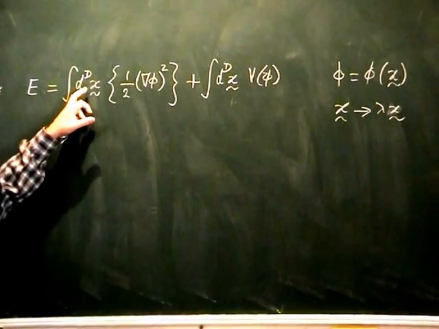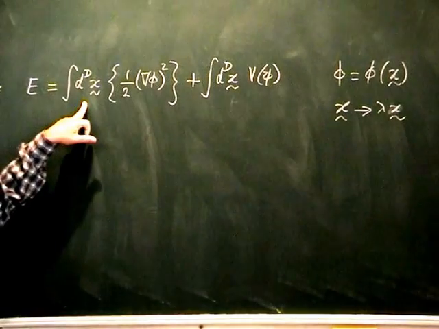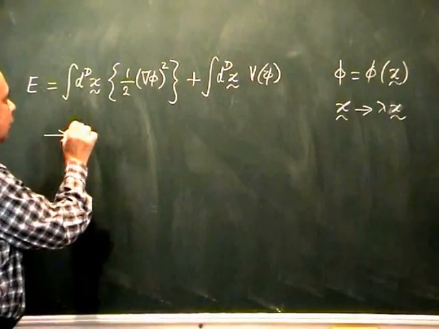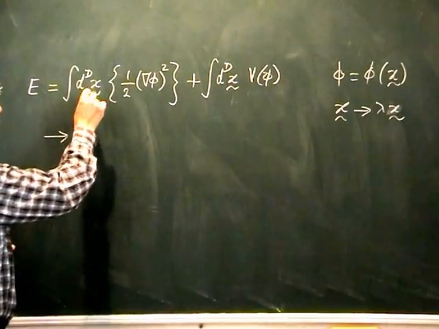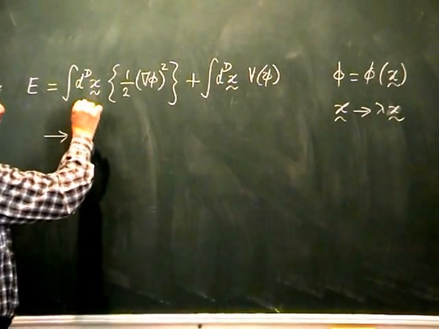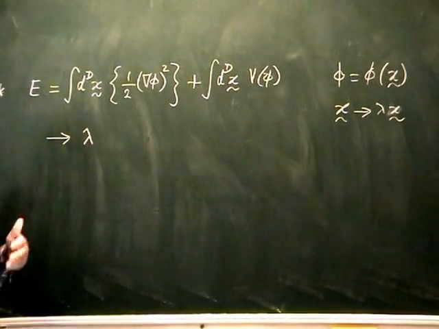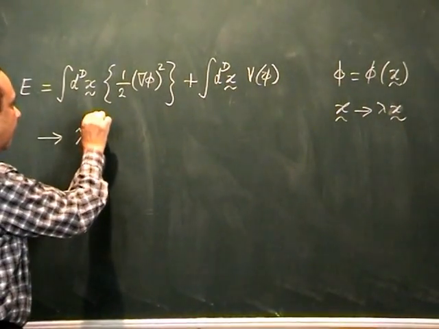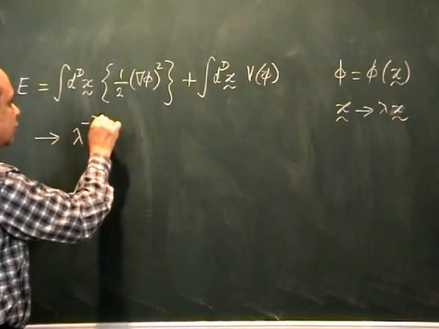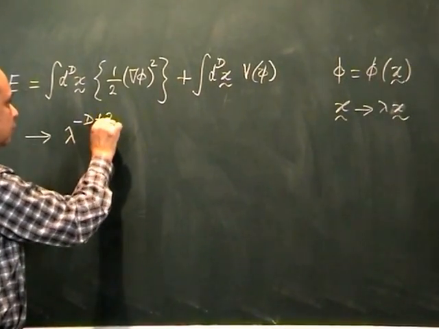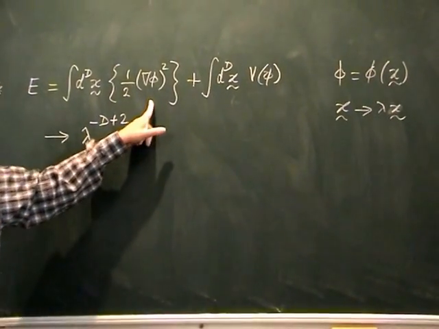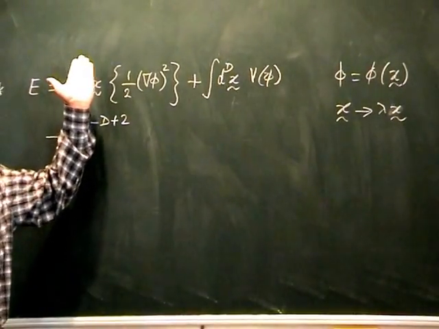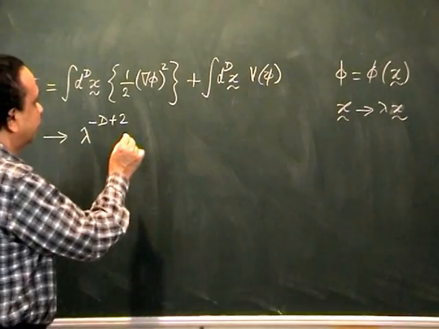So I put a lambda here, and then I put a lambda to the power d at the denominator. So I get a lambda to the power minus d. Then by the same token, this will give me a plus 2, because there is a d by dx in the denominator. So essentially the argument is this is d minus 2 in the length scale, times whatever was the original quantity.